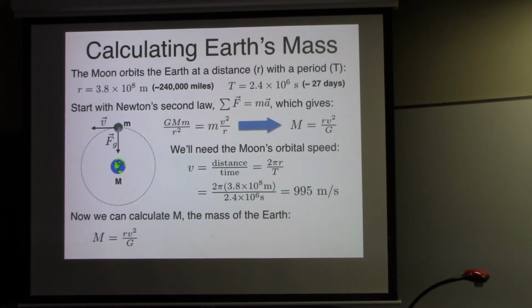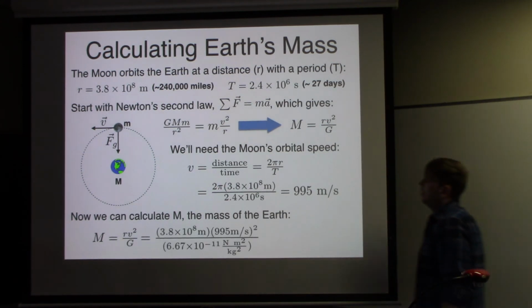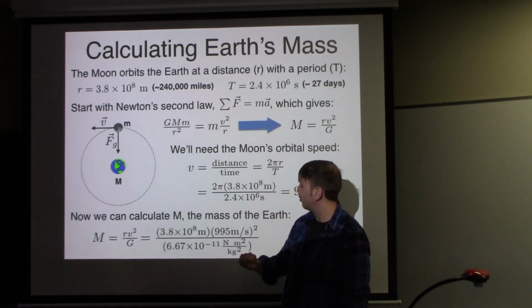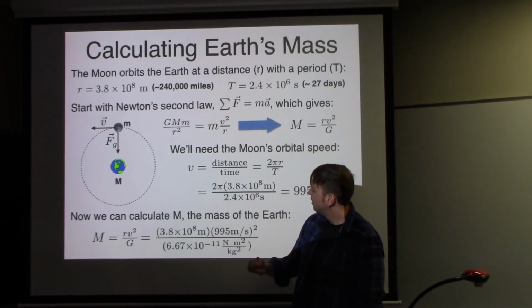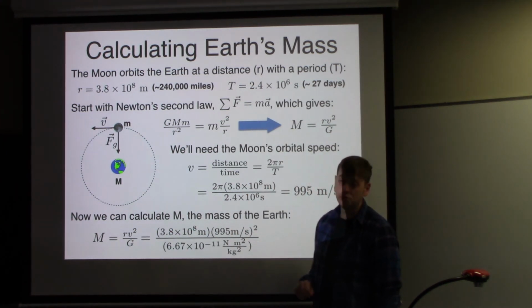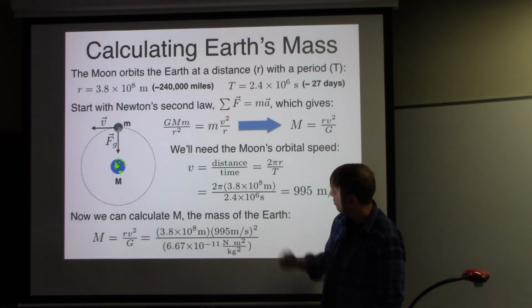Now, with v, r, and G all known to us, we can calculate M, the mass of the Earth. So what am I doing here? I'm plugging in the radius of the Moon's orbit for r, same as before, 3.8 × 10^8. I'm plugging in v for the speed of the Moon's orbit, 995 meters per second, and that's being squared.